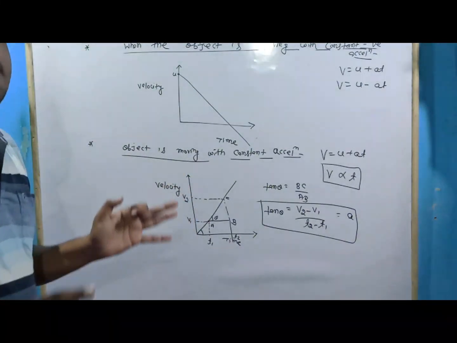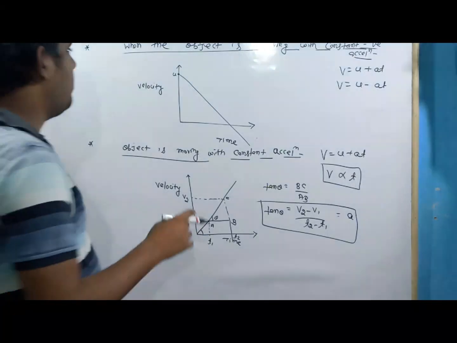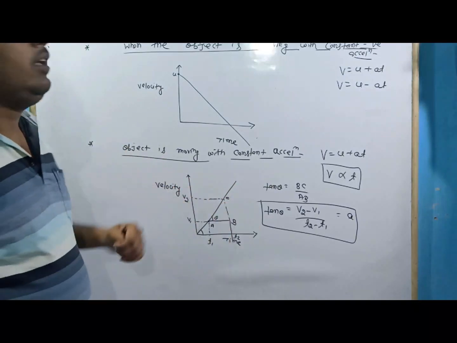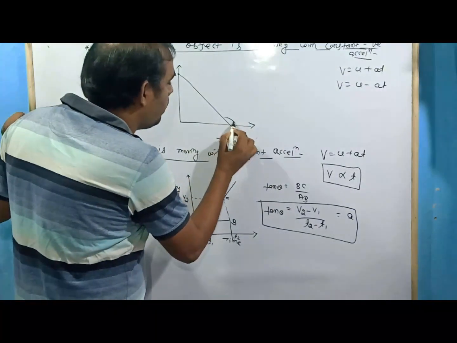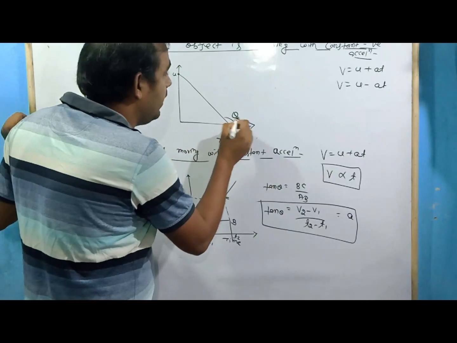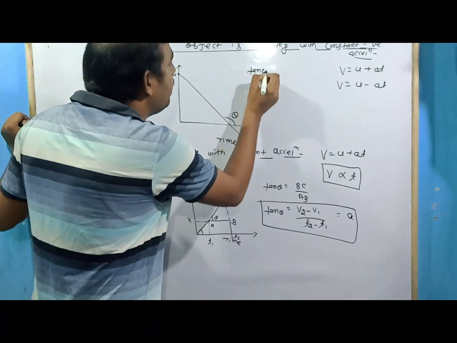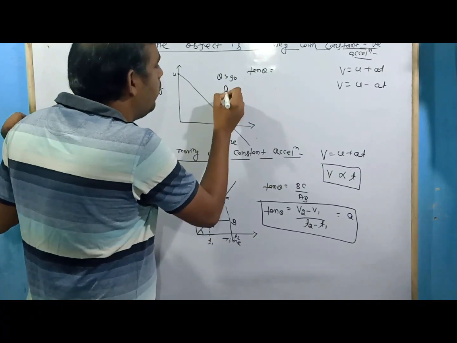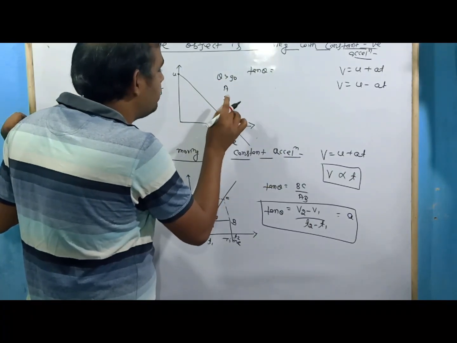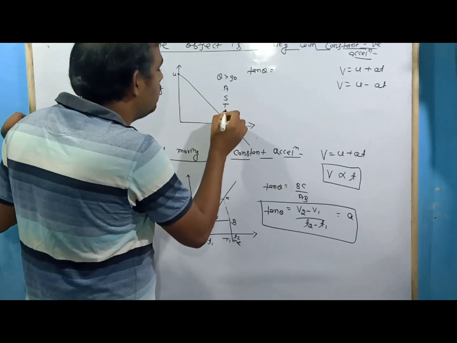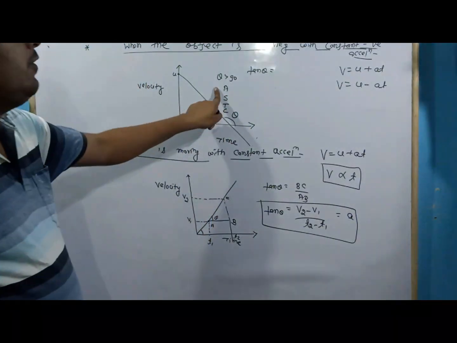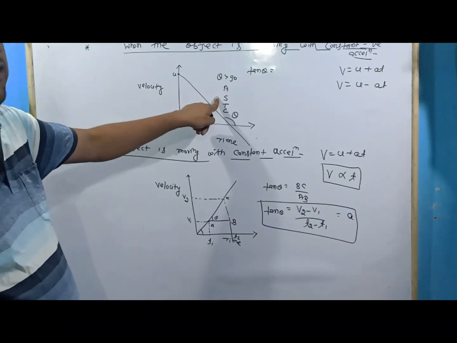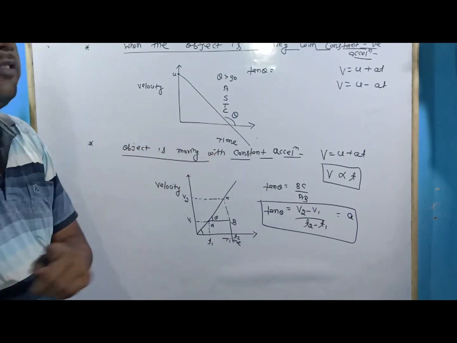It will be a linear graph, but the graph is going to slope downward. And in that case, the slope of the graph, that is tan theta, since here theta is greater than 90 degrees, and as we know, all sin tan cos, which means in the first quadrant all the quantities are positive, in the second quadrant only sine is positive, in the third quadrant tan is positive, in the fourth quadrant cos is positive.